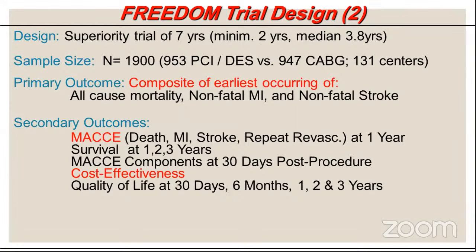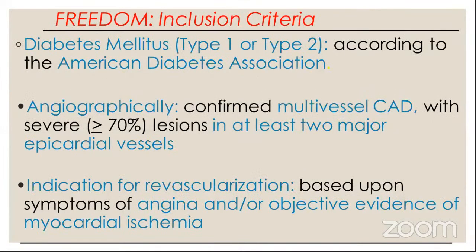The primary outcome was a composite of the earliest occurring of all-cause mortality, non-fatal MI, and non-fatal stroke. The secondary outcomes were basically MACE, a combination of death, myocardial infarction, stroke, and repeat revascularization at first year and at 30 days post-procedure. The second most important secondary outcome was cost effectiveness.